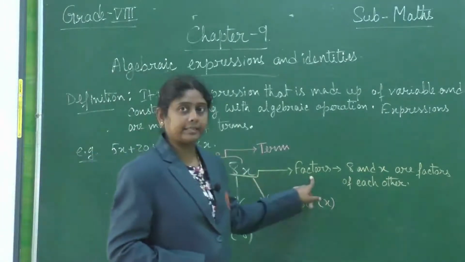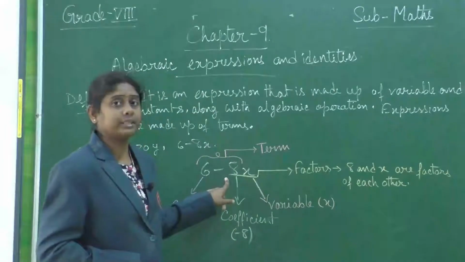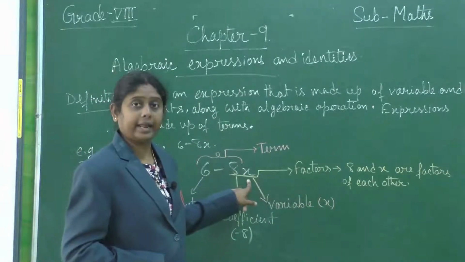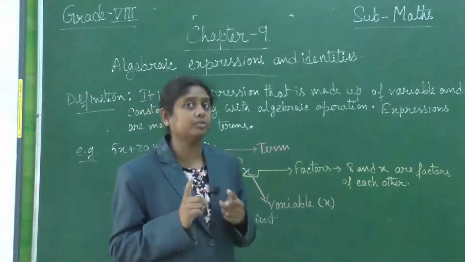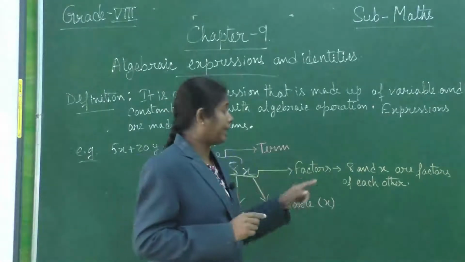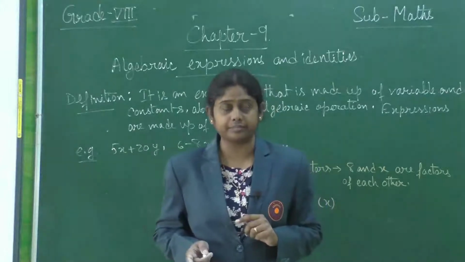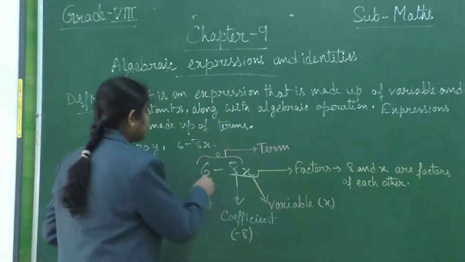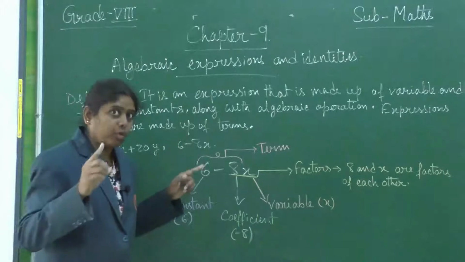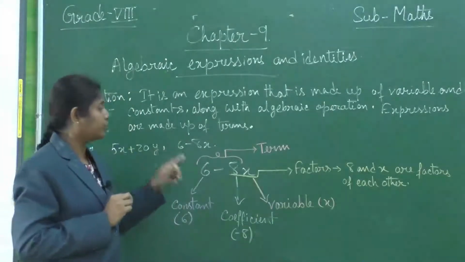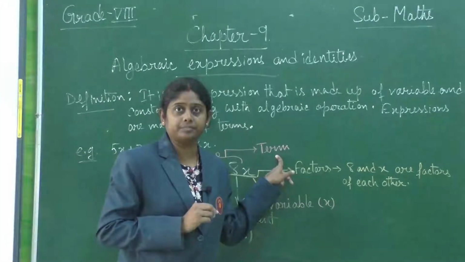Next, factors. Factors means 8 and x are related with each other with the multiplication sign, and 8 and x are the factors of each other. Now the 6 minus 8x, this full algebraic expression we call a term.